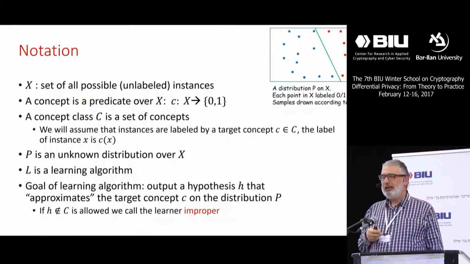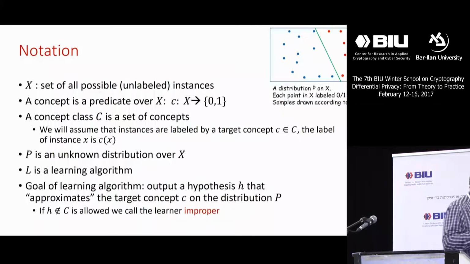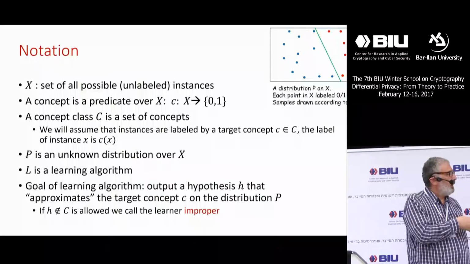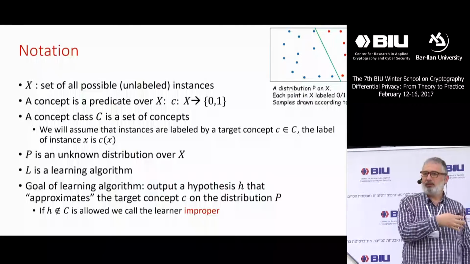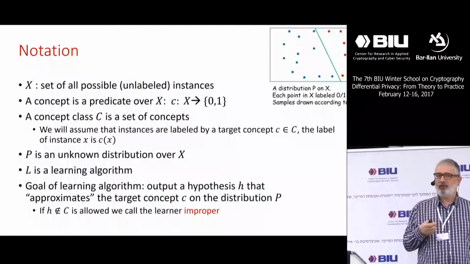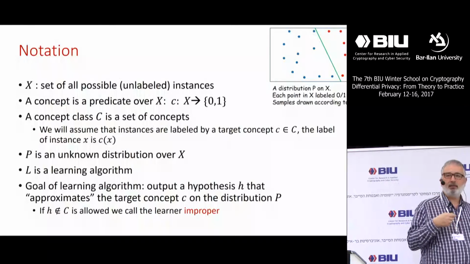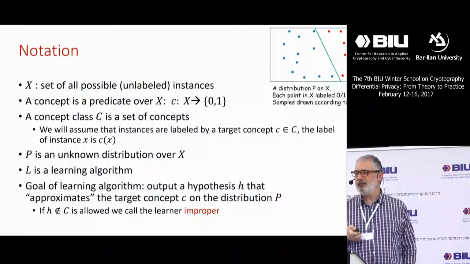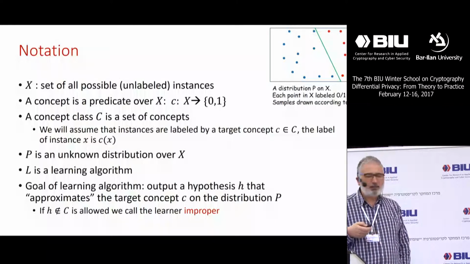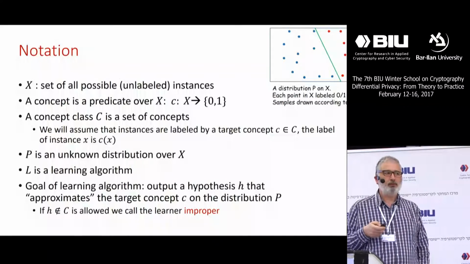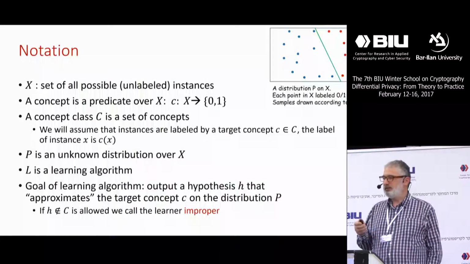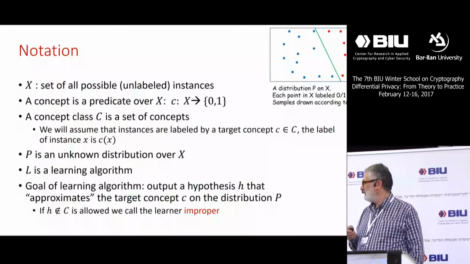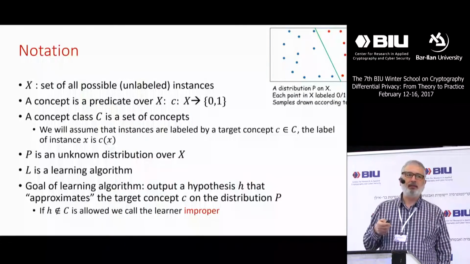And it will be very natural to require that the output of a learner, because we know instances are labeled by some target concept in the set C, will also come from the same class C. But sometimes we'll not require that, and if H comes from outside C, in that case we'll call the learner an improper learner.